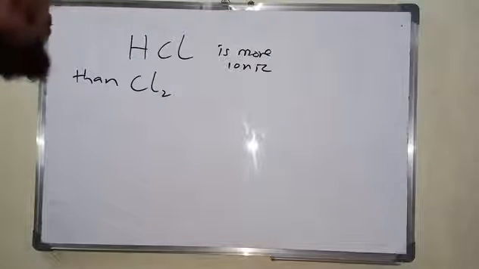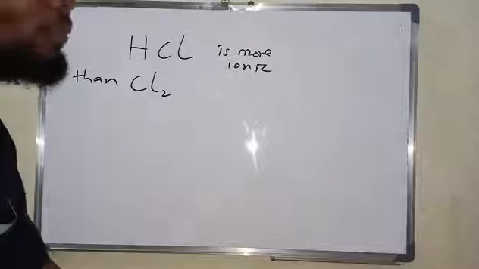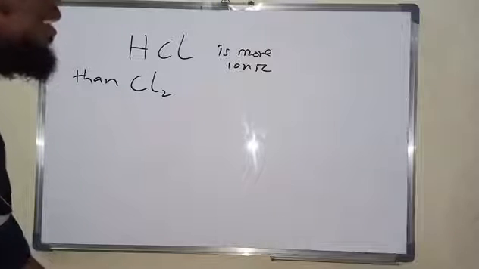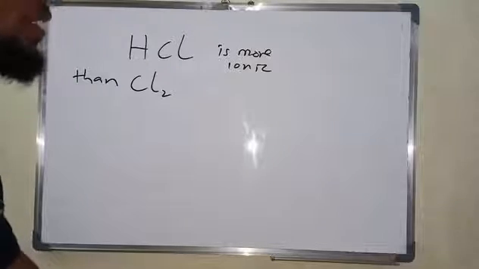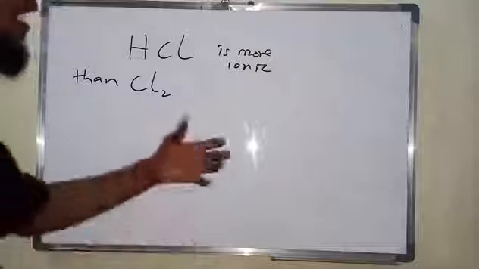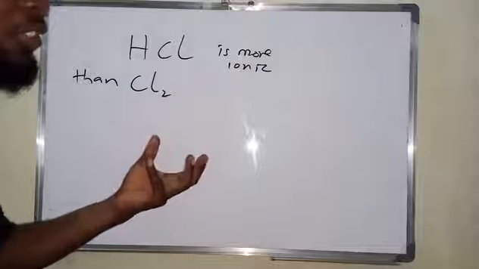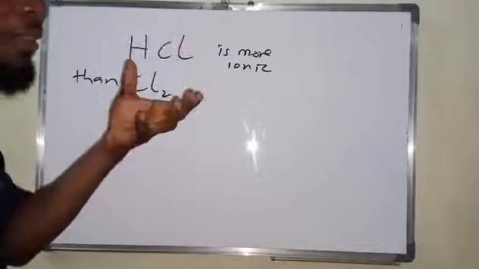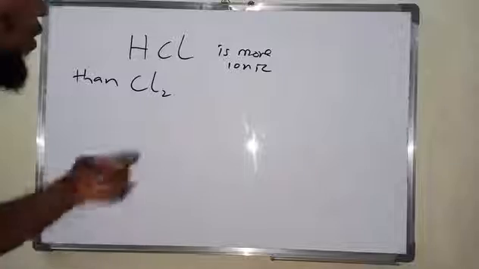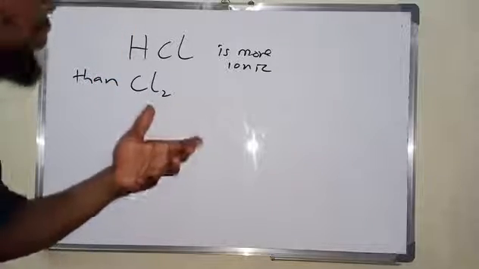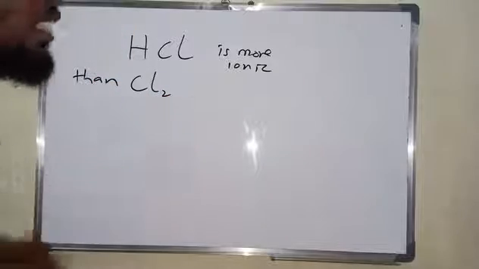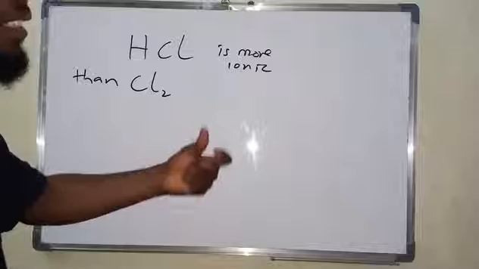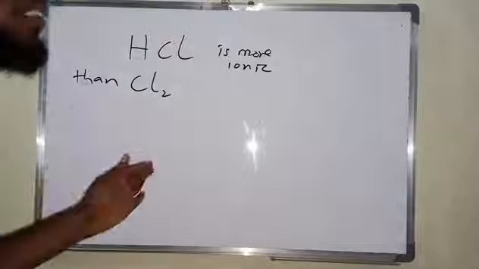When you say electronegativity, it is the tendency of an atom to attract a shared electron in a covalent molecule to itself. When an atom in a covalent combination has the higher tendency of attracting the electron towards itself, then you say it's more electronegative than its counterpart.